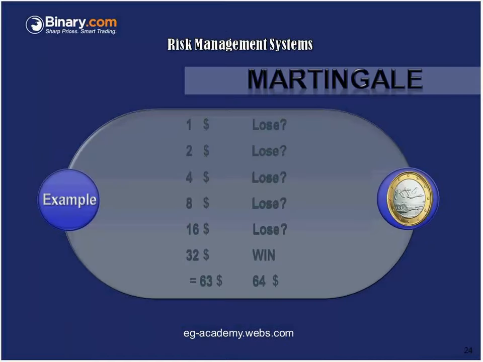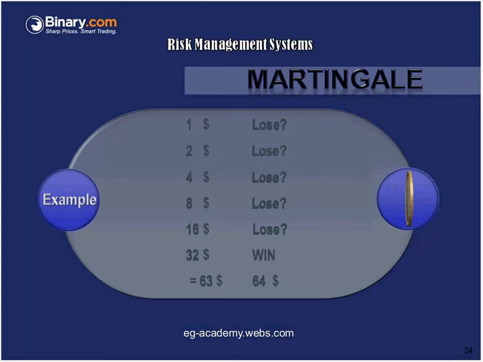So, it's the risk management systems. I'm going to explain some systems you can use in binary options trading with examples. The first one will be the Martingale system. The Martingale system is a risk management system of negative progression and consists in doubling the trading size in case of a loss.